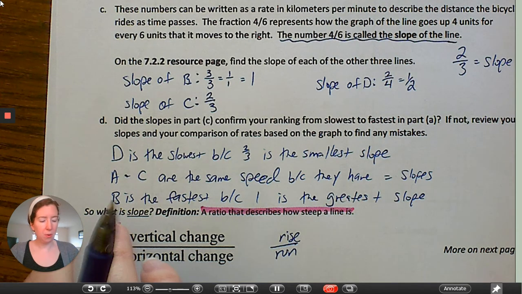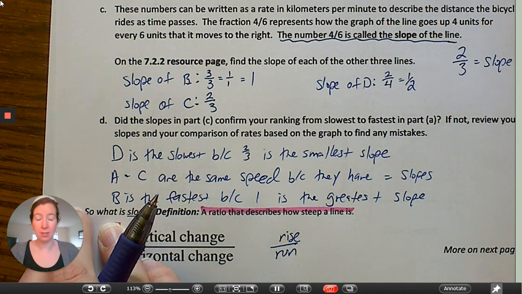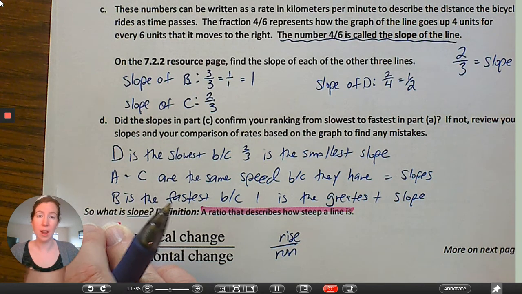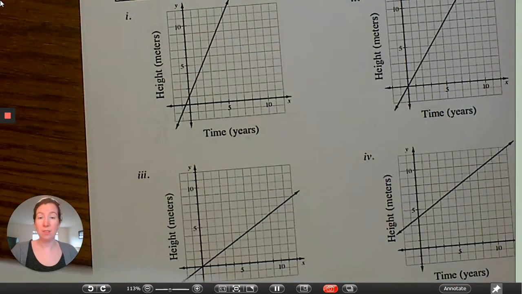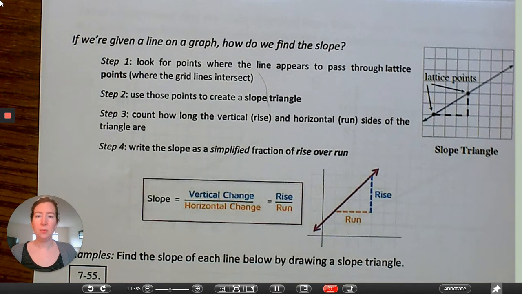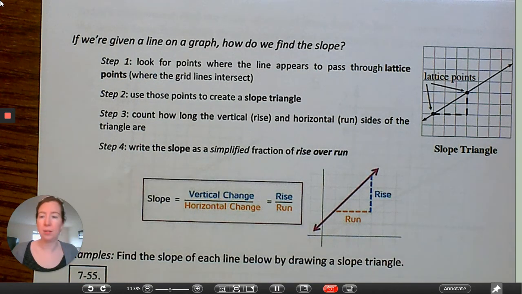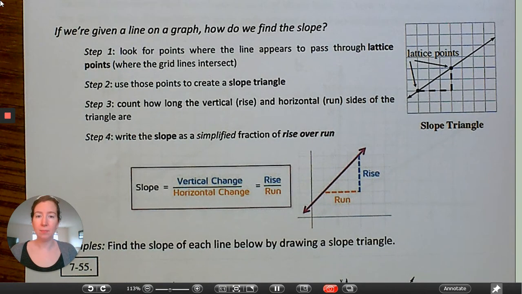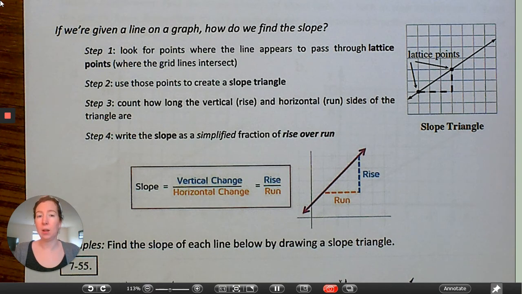Okay, so how do you find slope? Let's write down some steps so we can know for sure every single time what we need to do, if the triangle's not already there. If we're given a line on a graph, how do we find the slope? So step one, you want to look for points on the line, the points where the line goes through what's called lattice points. That's just where all the grid markers are, because if it's not going through the grid marker, we can't be sure what the point is.